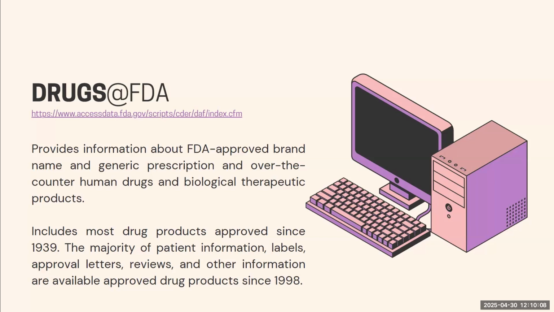And as far as its scope of coverage, it does include most drug products approved since 1939. And many of the entries, I would say the majority of the entries, have links additionally for patient information, labels and packaging, approval letters, and other information for all drugs since 1998. And they are adding to it, so hopefully that will continue to grow in scope.